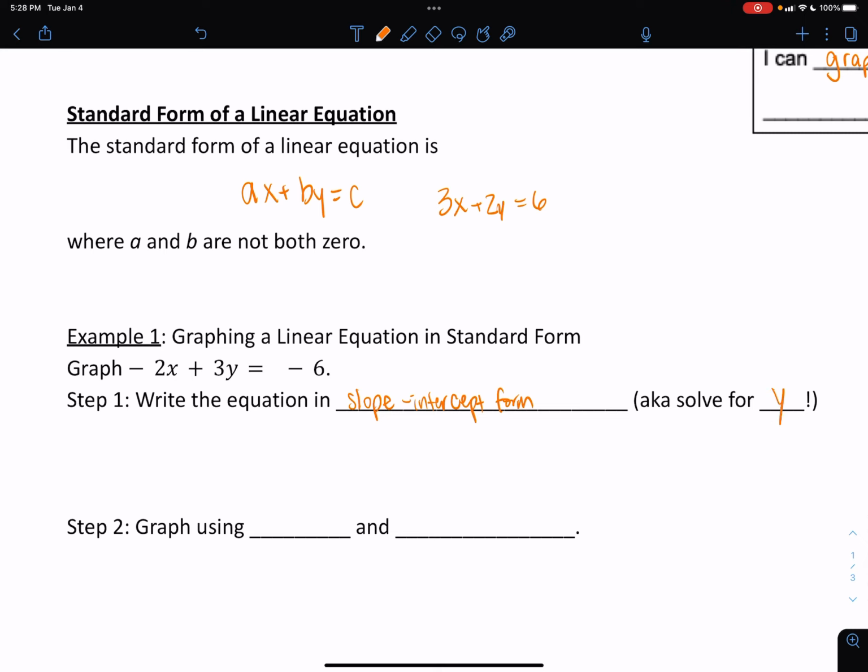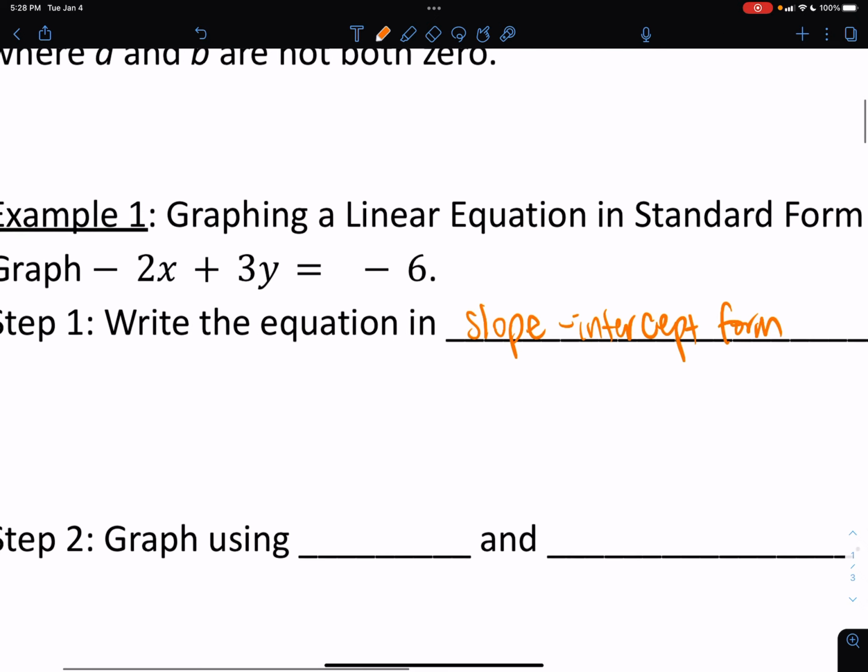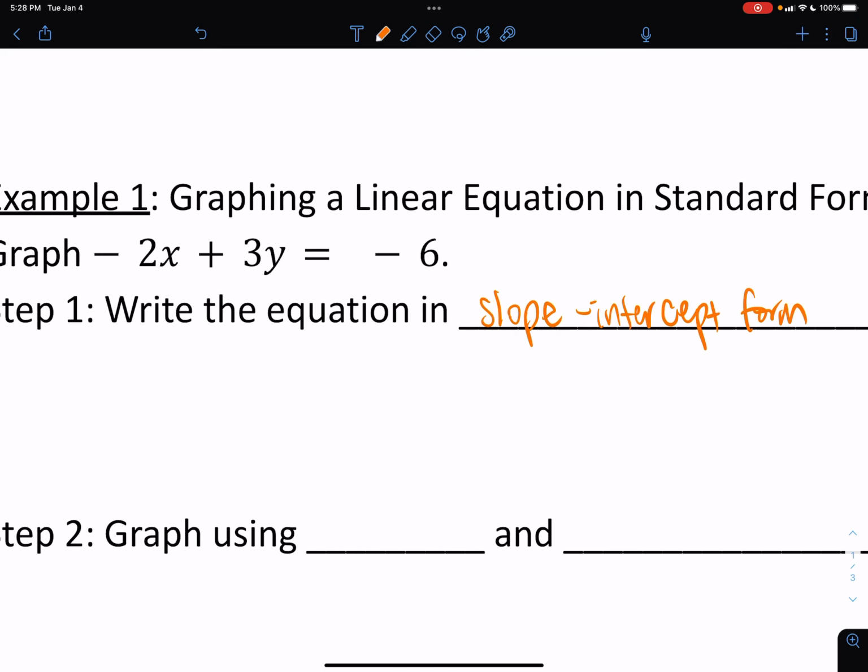Let's take a look at this example right here. I have negative 2x plus 3y equals negative 6. You solve for y, so let me add 2x to both sides. I have 3y equals 2x minus 6.